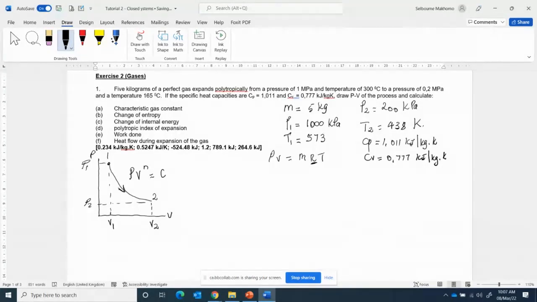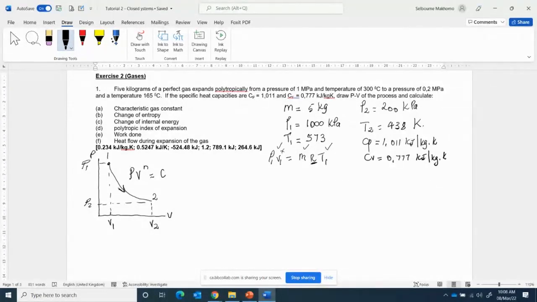So in this case, we can say that P1V1 is equal to mRT1. Do we have P1? Yes. Do we have V1? No, we don't have V1. Do we have mass? Yes. Do we have T1? Yes. Therefore, we cannot use that formula because we have two unknowns.